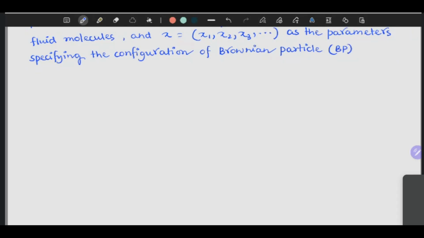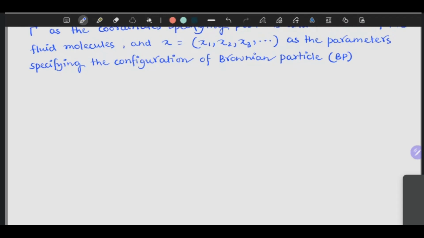Okay. Now here we are considering the system made of fluid molecules only. Okay. And the configurational parameters x of the Brownian particles are regarded as the outside parameters or external parameters in the Hamiltonian for fluid molecules. So here the x, for Brownian particles, are thought of as external parameters.